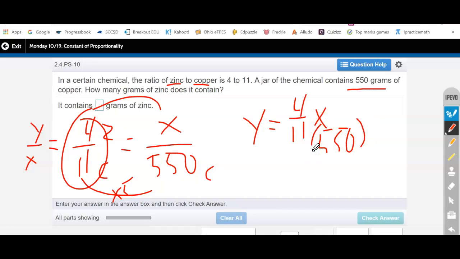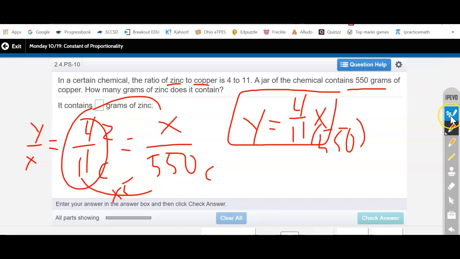So there's a couple different ways we can do this. We can use the proportion way like we were doing, or if you understand this makes sense, this formula right here for you, you can use it and plug in and multiply and solve that way.